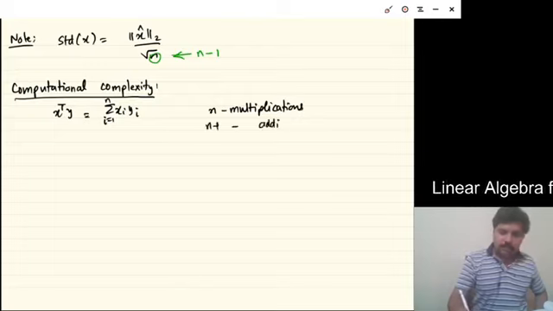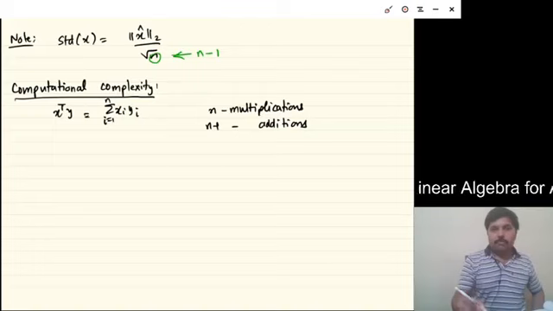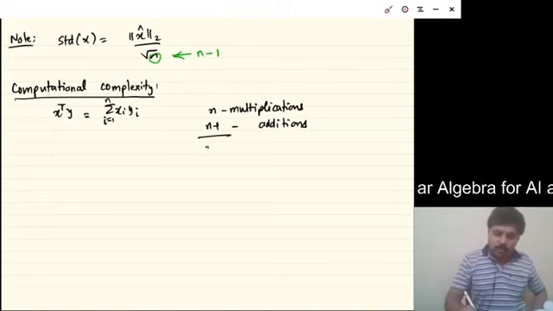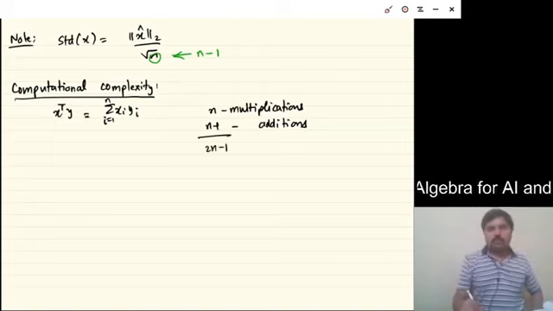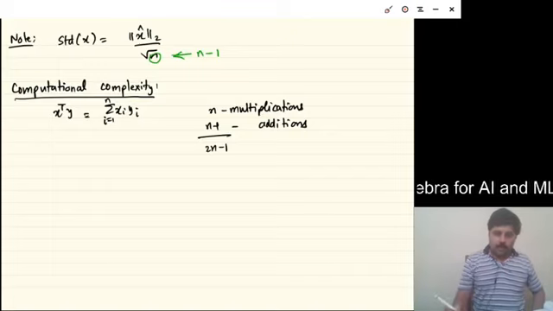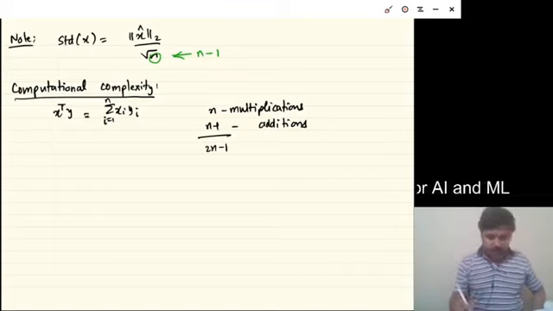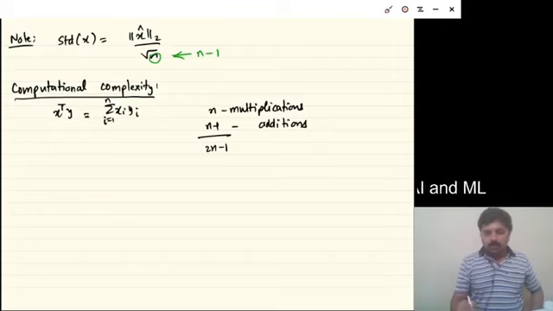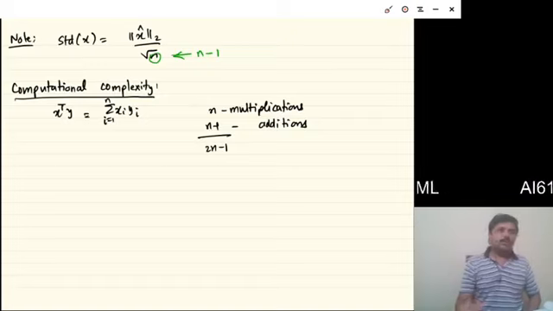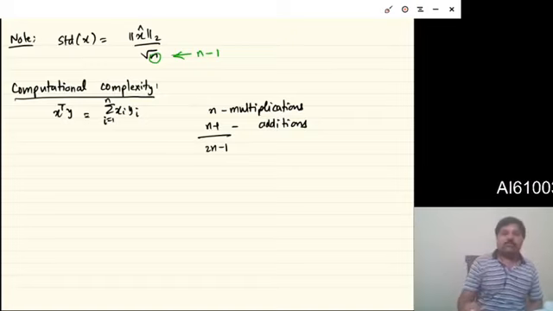So the total number of operations required is 2n minus 1. I will roughly consider this to be 2n, since 2n minus 1 and 2n do not make much difference when n is a very large number.